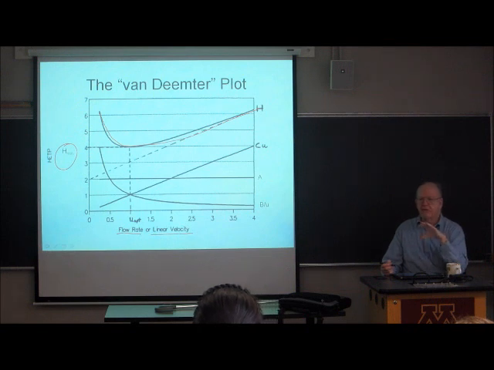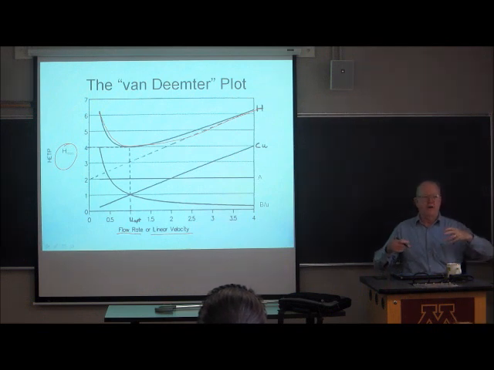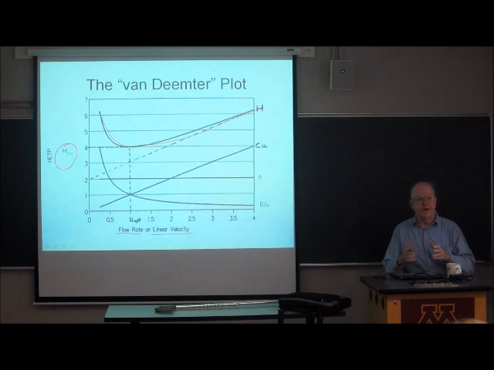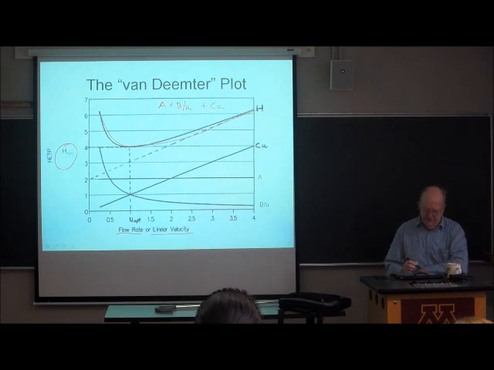The A, B, and C are empirical constants. You have to measure the plot, and then you can, from fitting the curve one way or another, determine the constants A, B, and C. The three parts of it, the A plus B over U plus CU, the three parts are, A is just a constant.